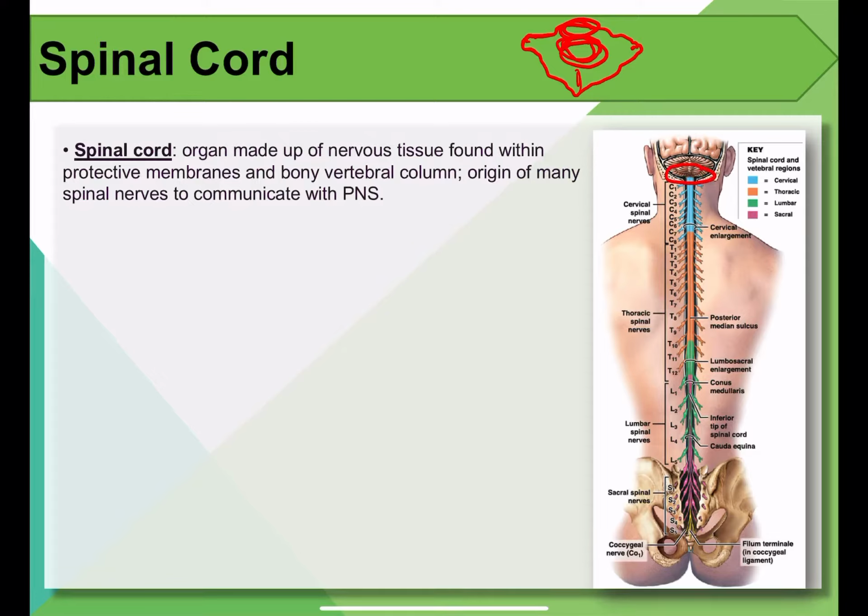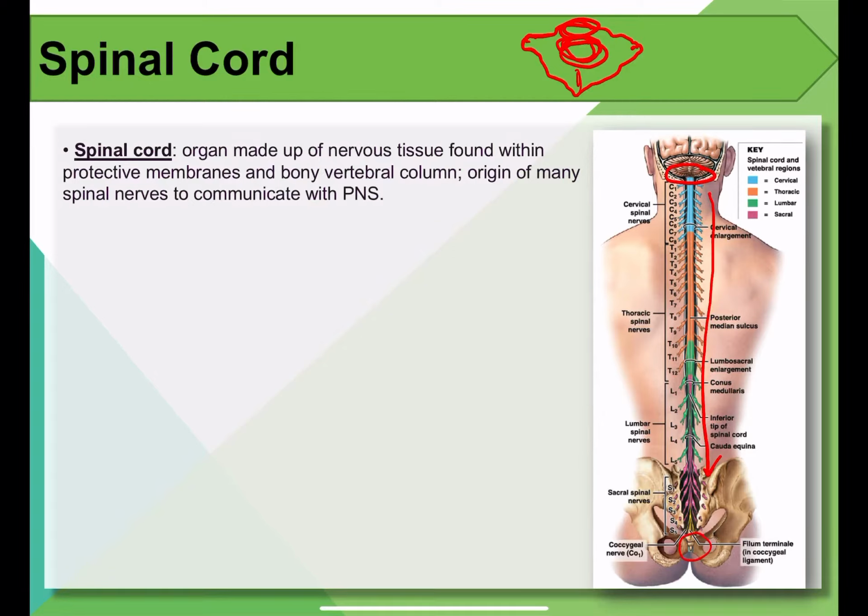That's why when I talked about the brain, I talked about the medulla oblongata, which blends and merges with the spinal cord. Okay, so the medulla oblongata is still part of the brain, and it's the most inferior portion of it before we get to the spinal cord. It goes from that medulla oblongata all the way down to the coccyx bone.